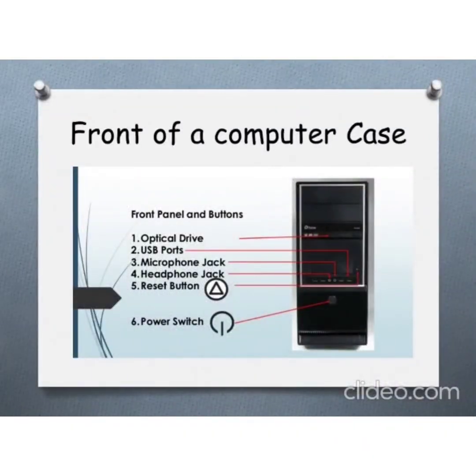Today, we will be learning the front of a computer case, that is the front panel and buttons of the CPU. There are an optical drive, USB ports, microphone jack, headphone jack and power switch button.